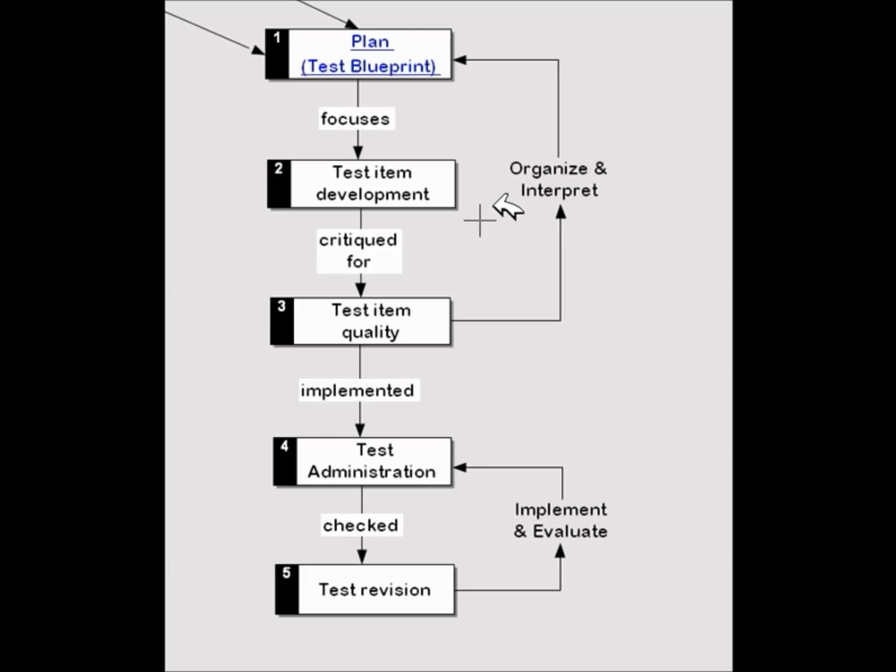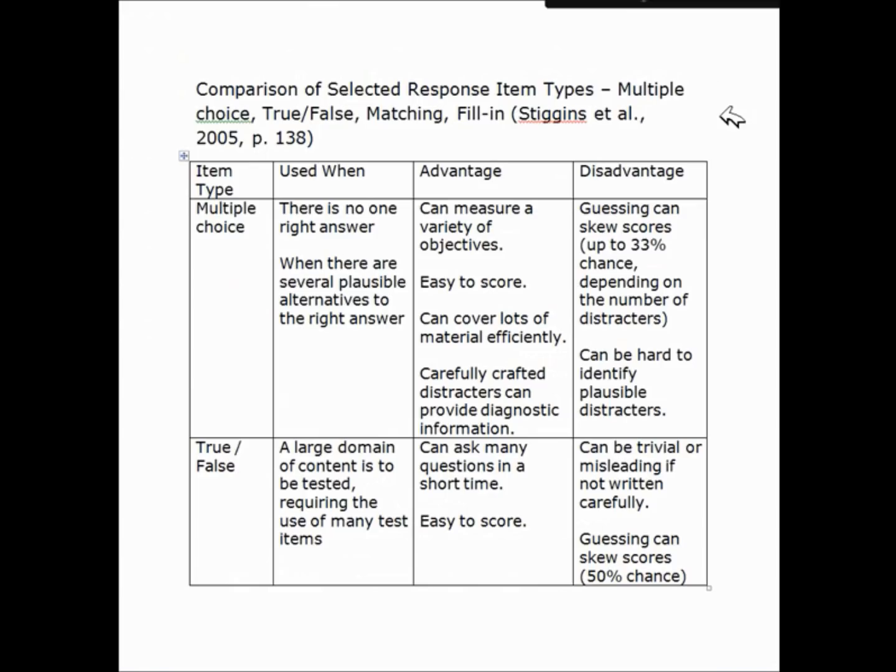That's why we need to then concentrate on getting a broader picture of the other items and what they're capable of. Now, there should be no surprise that there are 4 types of items for selected response assessments: multiple choice, true-false, matching, and fill-in. So let's start with the multiple choice.